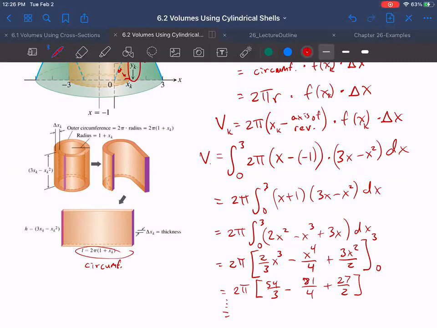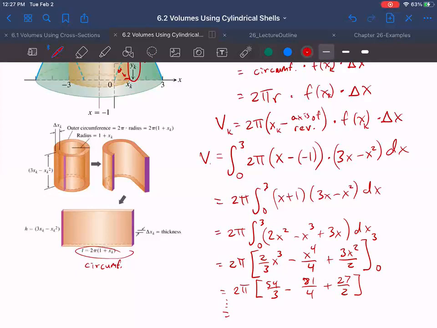And then that's 72. 72 minus 81 is -9. And then -9 plus 54 is 45. And then 45 times 2.